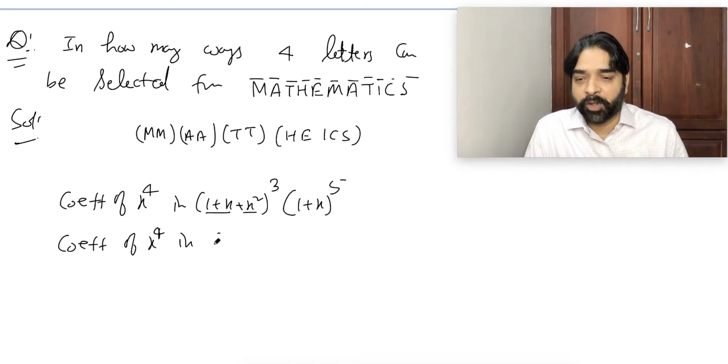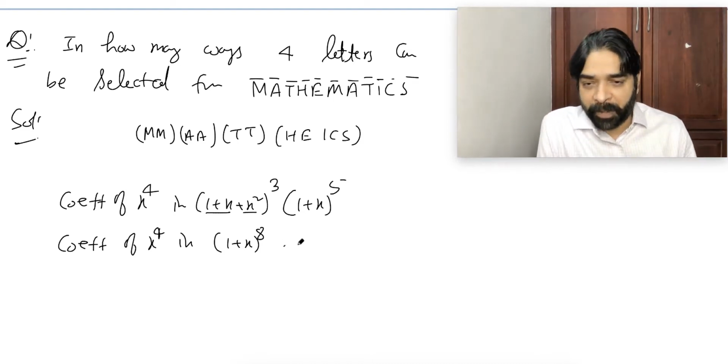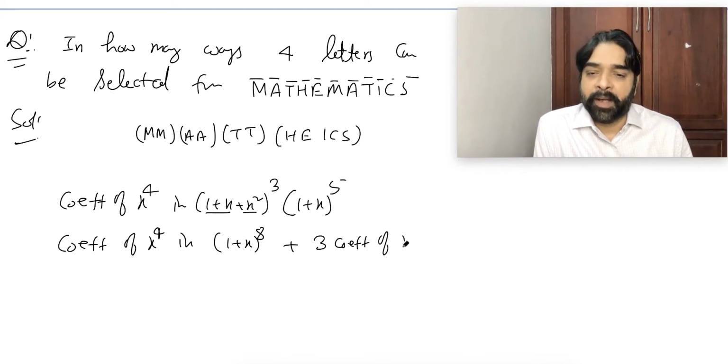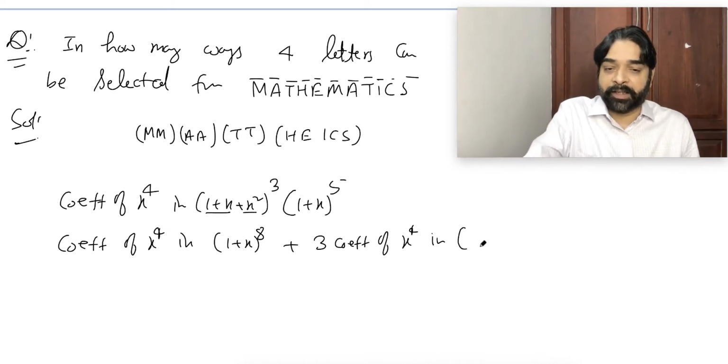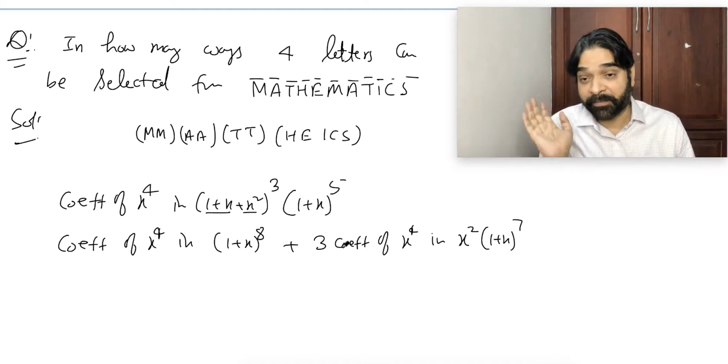So this is 1 plus x square. So (1 plus x) whole cube into (1 plus x) power 5, that is power 8, plus 3 into coefficient of x power 4 in (1 plus x) whole square into this, so x square into (1 plus x) power 7. I will not explain.